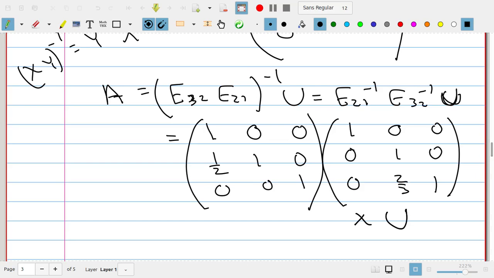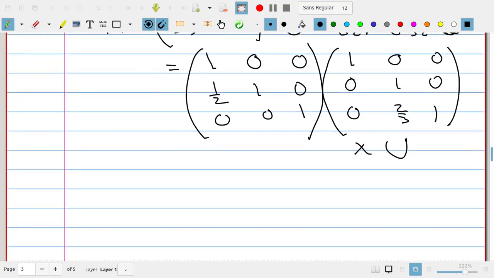Notice that both of these matrices, E21 inverse and E32 inverse, are lower triangular matrices. Of course, this is what you would expect.